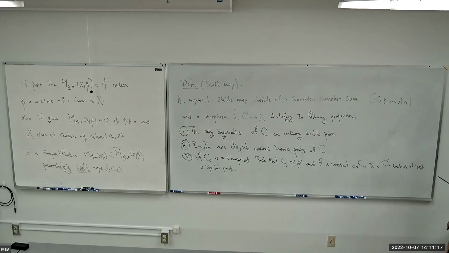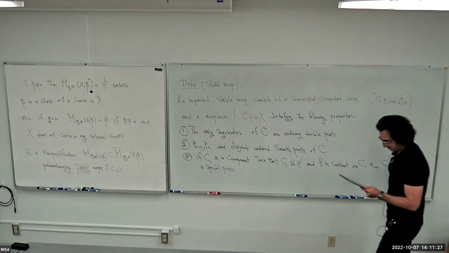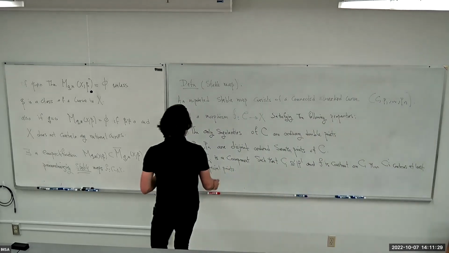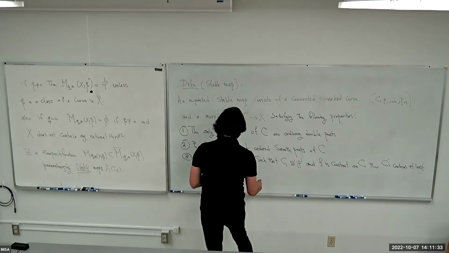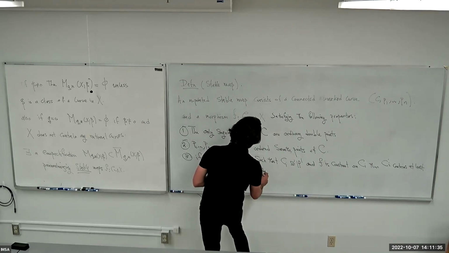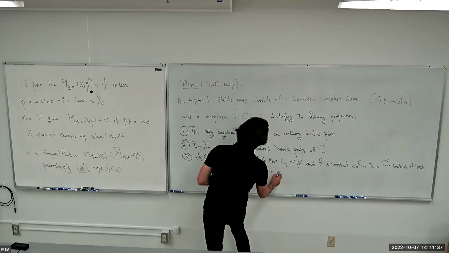Okay, so if the morphism sends this component to a point and the component is genus 0, it needs to have at least 3 special points. And the special points in here, i.e. nodes or markings.